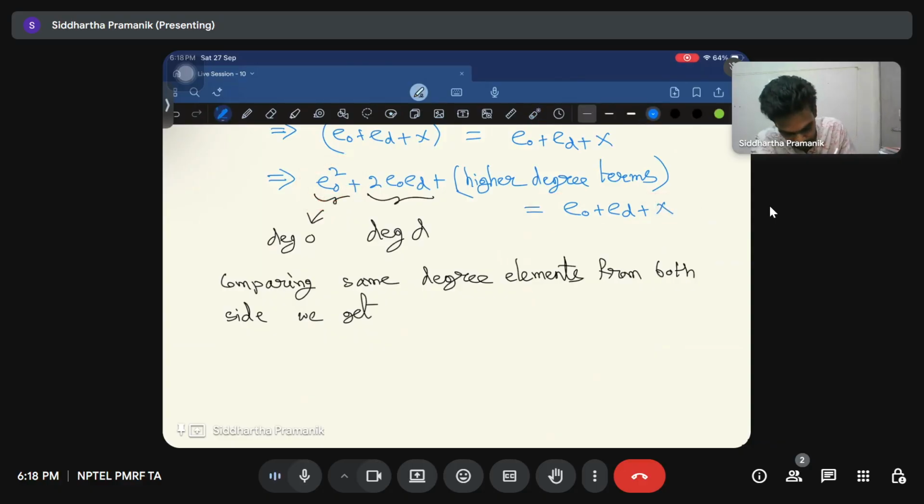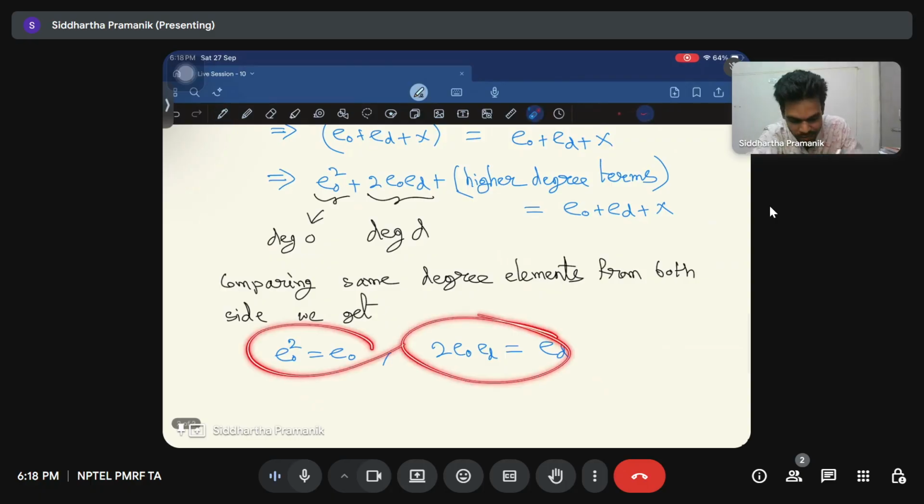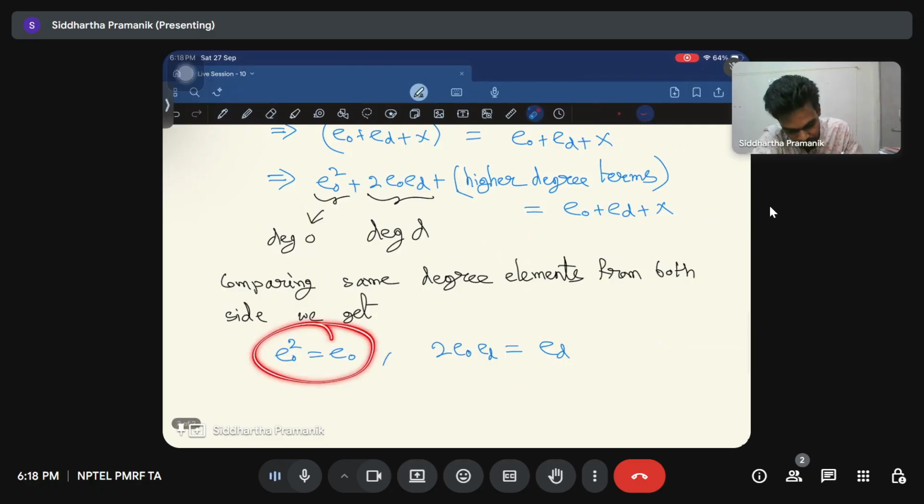So we get E0 square is the same as E0, and 2 E0 ED is the same as ED, right? We will get other relations, but let's just focus on these two relations only. This has degree 0, these are degree D.